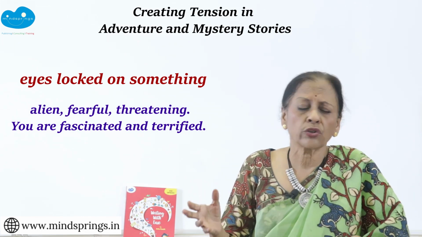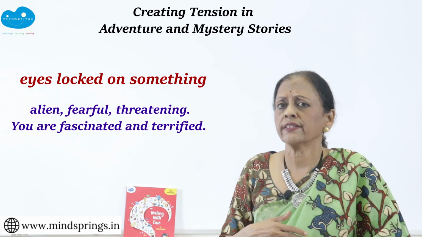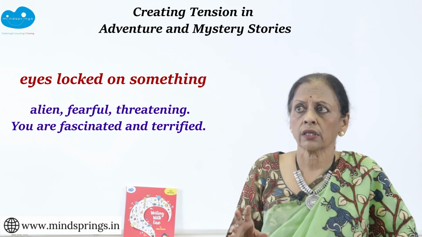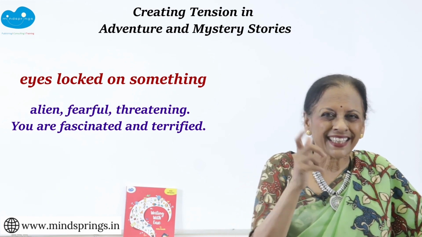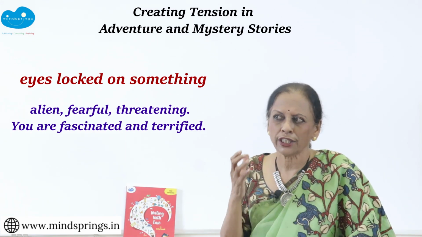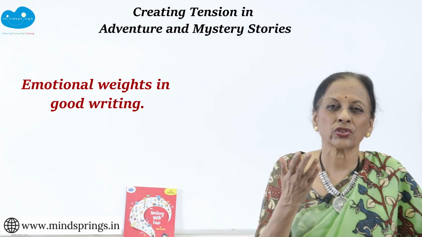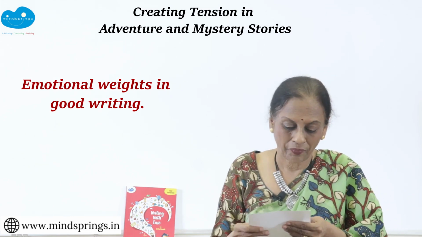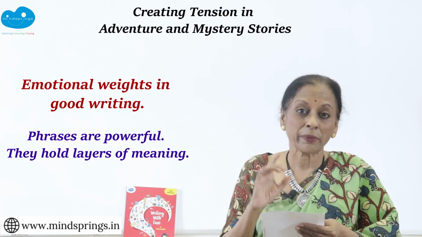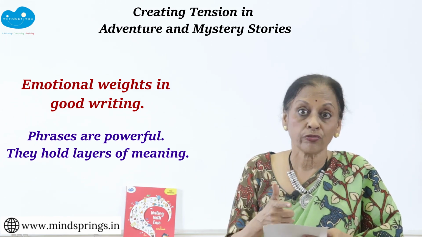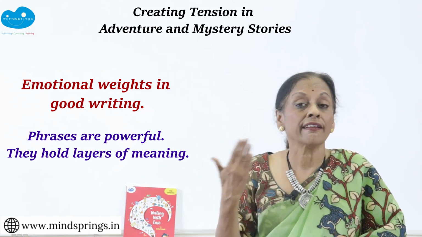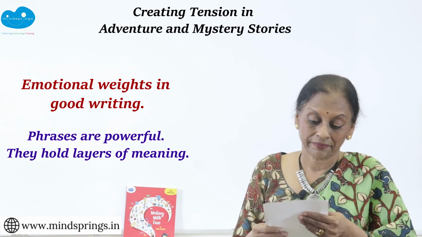Try as you might, you can't pull your eyes away because you are fascinated and at the same time terrified. These are the kind of emotional weights that we want to see in good writing. Why am I saying this to you? I am actually explaining to you how phrases are powerful because they hold layers of meaning.